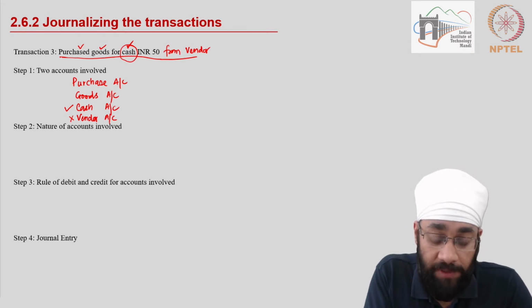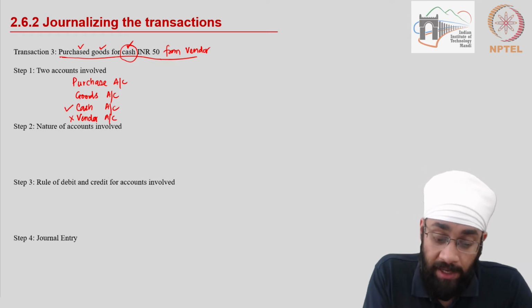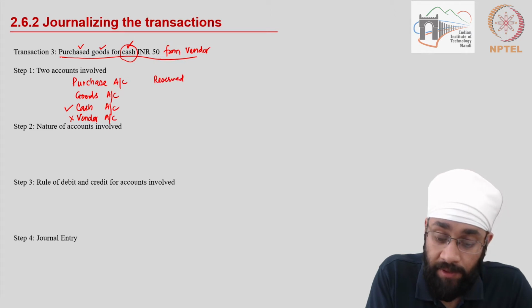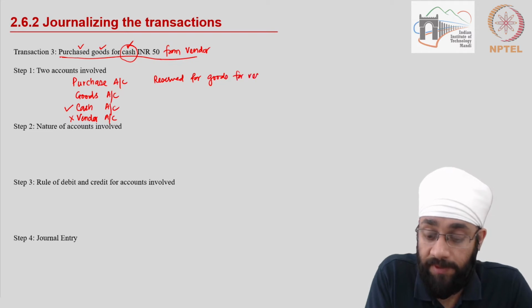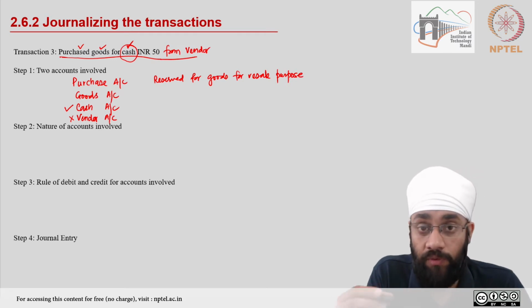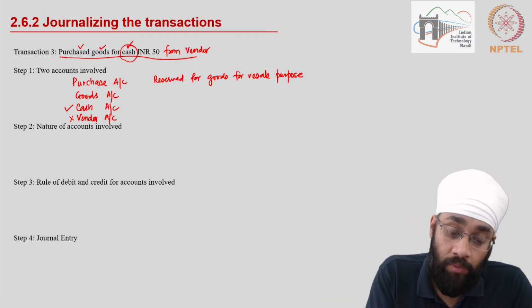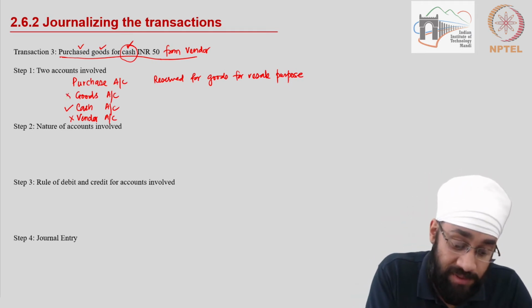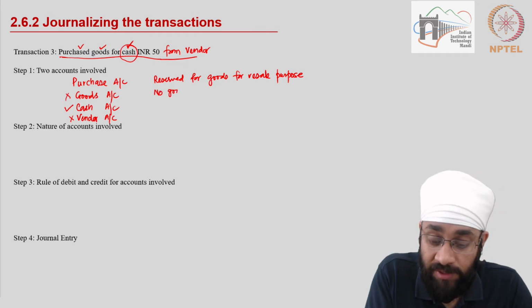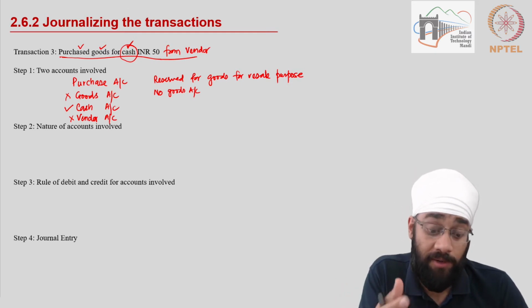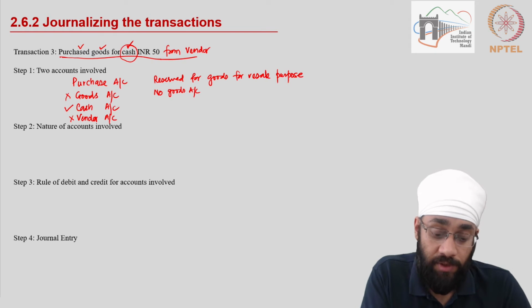The other two options are purchase account and goods account. And I told you that purchase account is reserved for the goods for resale purposes. We don't use purchase account for purchase of assets, only goods, which means purchase and goods are the same thing, and we do not maintain any goods account. There is no goods account, right? There is unsold stock which becomes a current asset, but its treatment is different. It does not feature here.